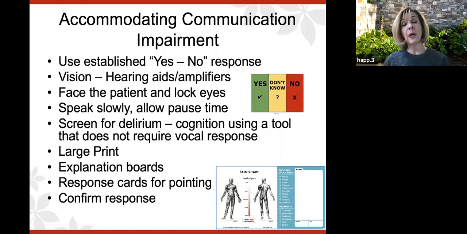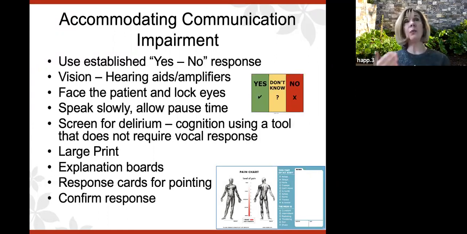So always we recommend screening for delirium and cognition, and there are tools like the cognitive assessment method for the ICU that does not require a vocal response. Using large print for accommodating visual acuity challenges, as well as response cards for pointing to responses with patients who aren't able to speak.